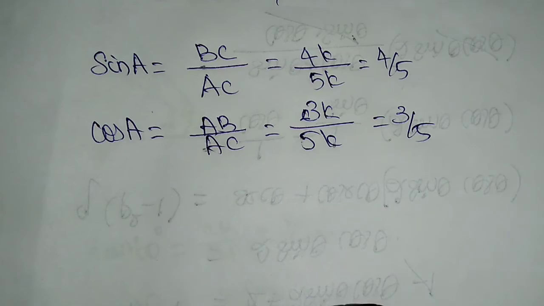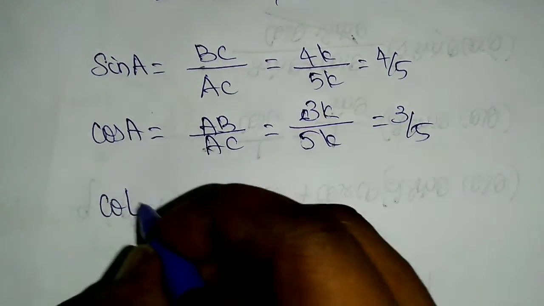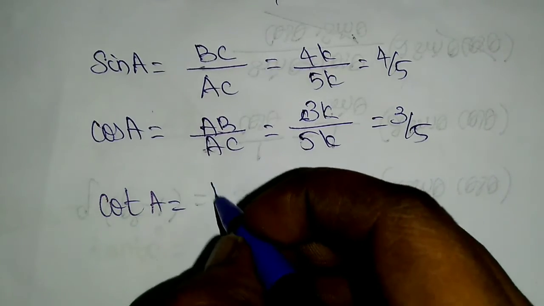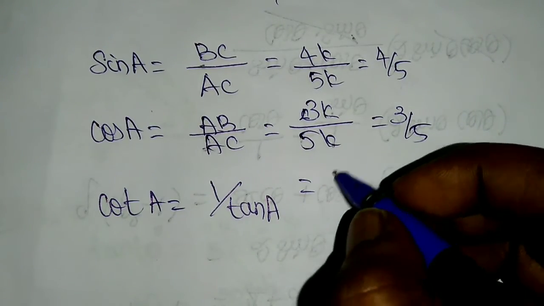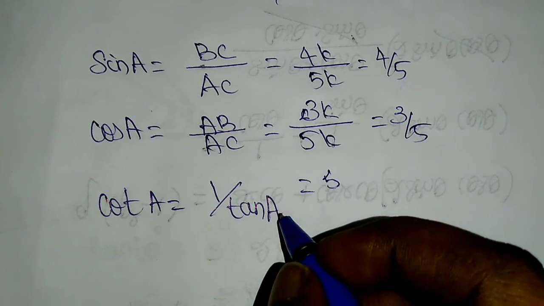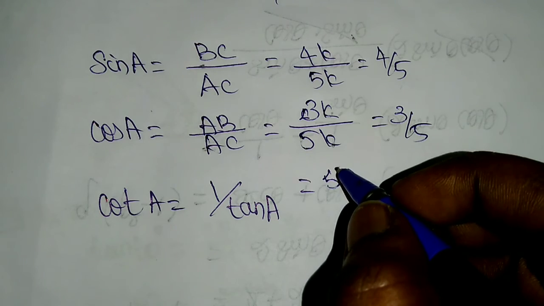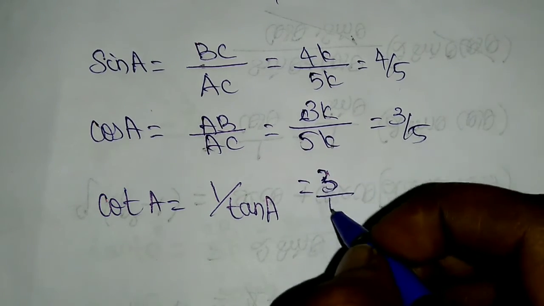Now we are going to take cot A. Cot A is equal to 1 by tan A. Here tan A value is 4 by 3. So we get 1 by 4 by 3, which is 3 by 4.